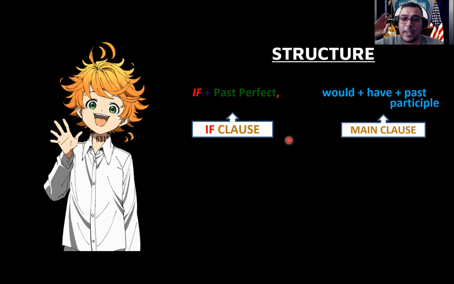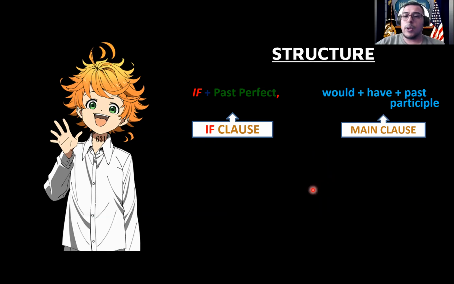Okay, so key thing here is to practice past participle. All right, so the condition is in past perfect, and then the result would have all of these three elements: would, have, and past participle. So the would and the have never change. The only thing that we're going to be changing is the verb.